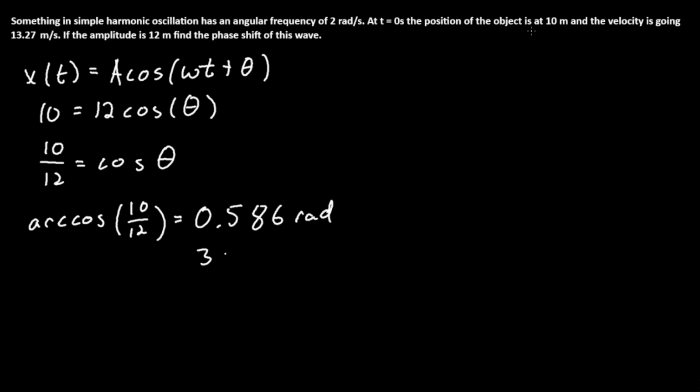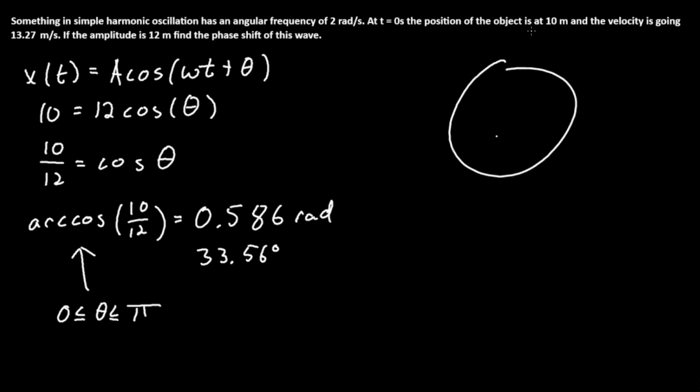But if you want to turn this to degrees for easier understanding, it's 33.556 degrees. So here's the thing about arc cosine. Arc cosine has a limited range, so the output is limited from 0 to pi. That's the output for arc cosine.